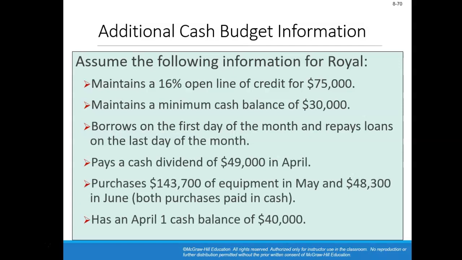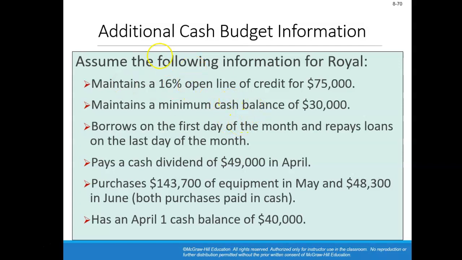Here's some additional information about our cash budget. We do have a line of credit that allows us to borrow money, but look at that interest rate. The rate is 16%. So if we borrow money from our line of credit, we have to pay a 16% annual interest rate.